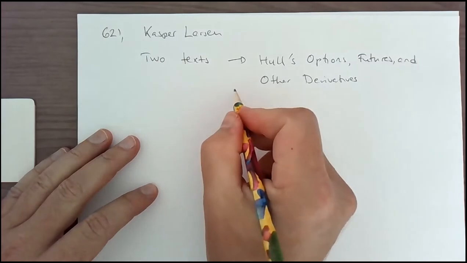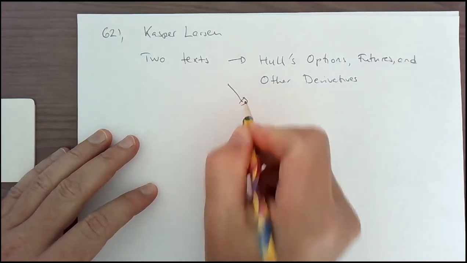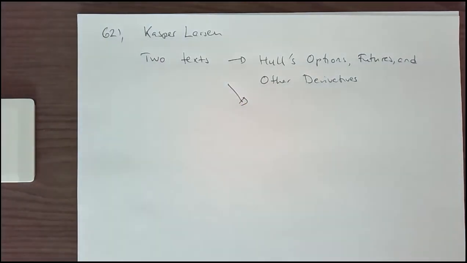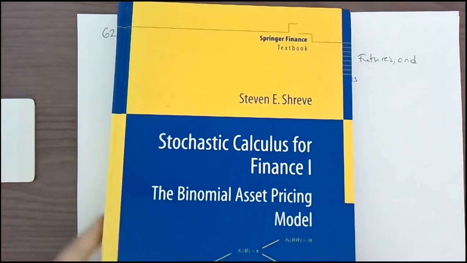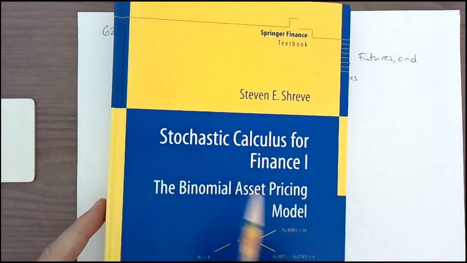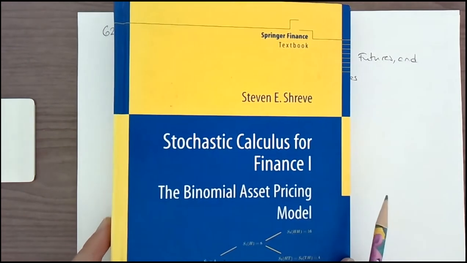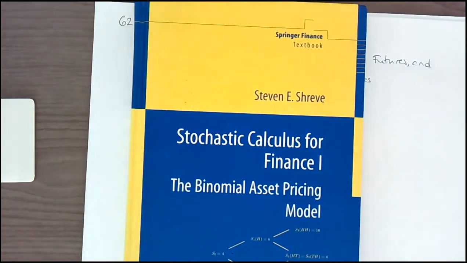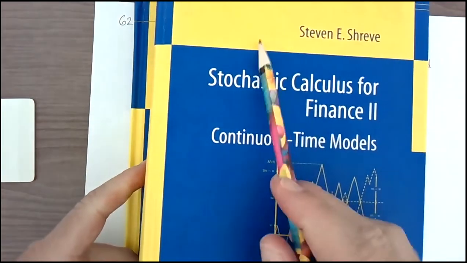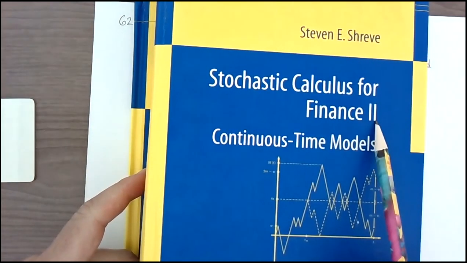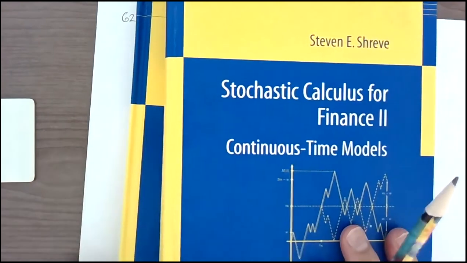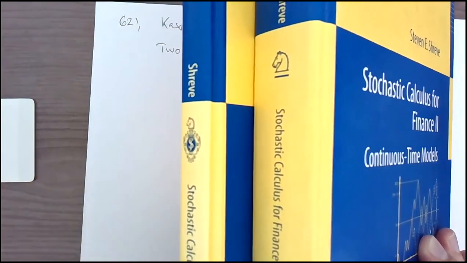And the other book we're going to be using is what we have used exclusively in previous years. This is Steve Shreve's Stochastic Calculus for Finance, and this is number 1. So there are two of them. I have the other one here. This is Stochastic Calculus for Finance number 2. As you can tell, one is a lot thinner than the other.